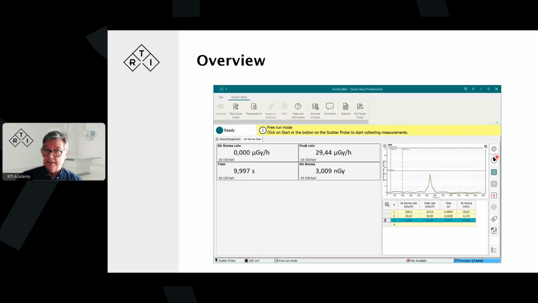If we press that, it will reset the scatter probe to background radiation. Similar thing as you do with an ion chamber based. You press and you set it to 0 to background radiation, but that always varies a little bit.